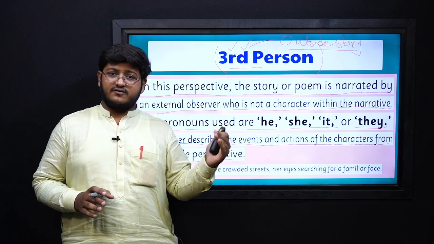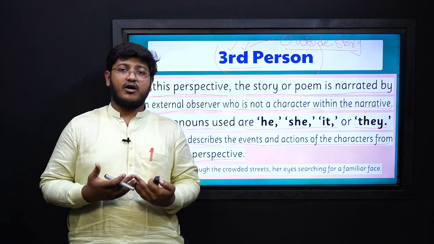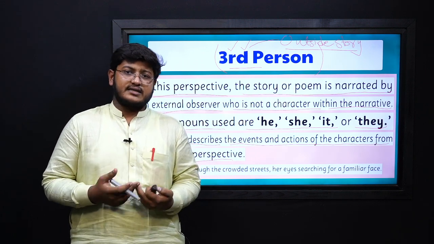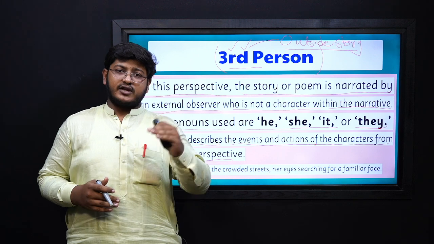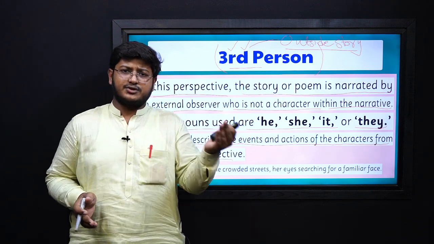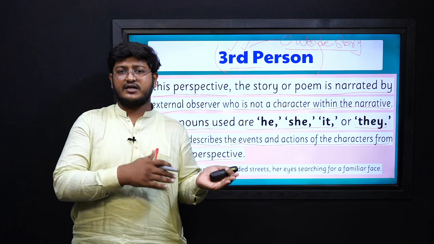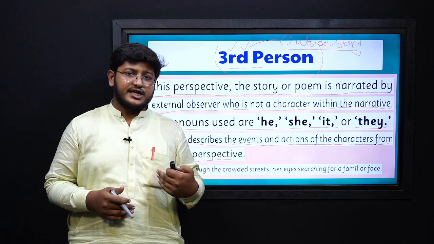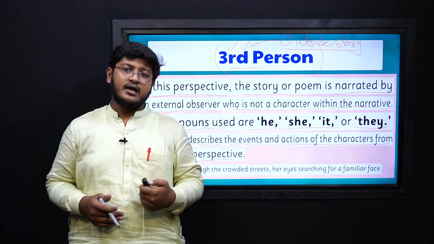Someone who is an observer, who is outside the story, a witness or an experiencer of the actions, is telling the story. Someone is the character and he does this and that, or she is doing this and that. This is how third person narration happens, and it is also very common in stories and in poems as well.